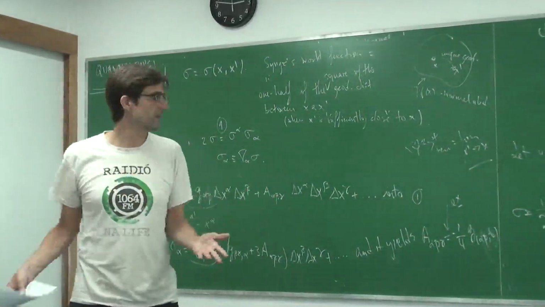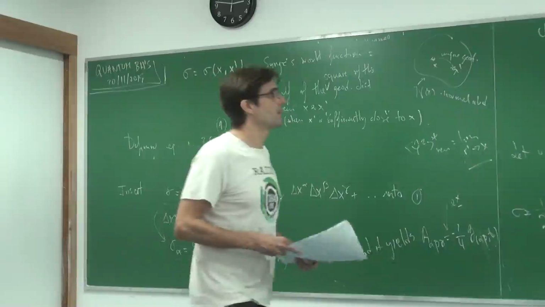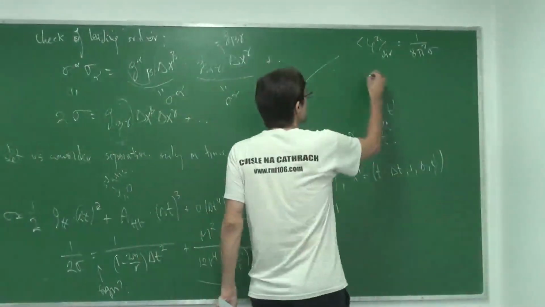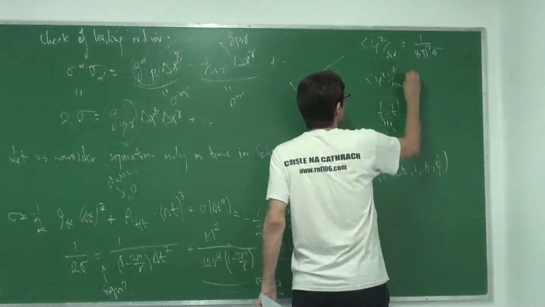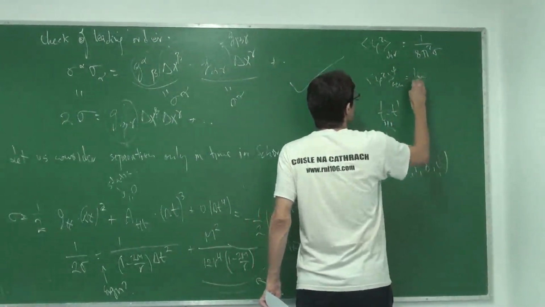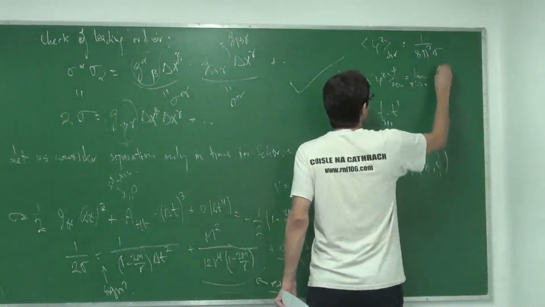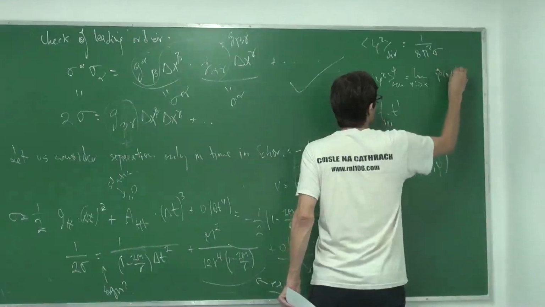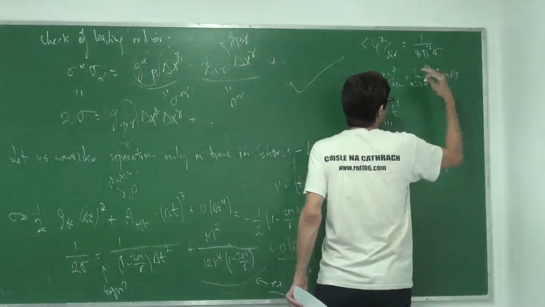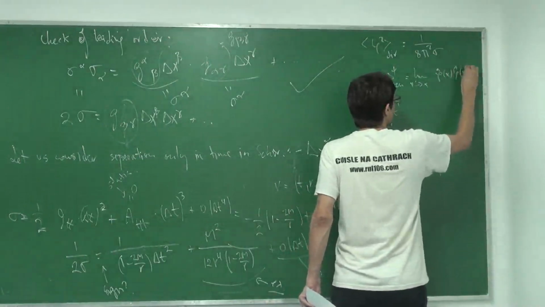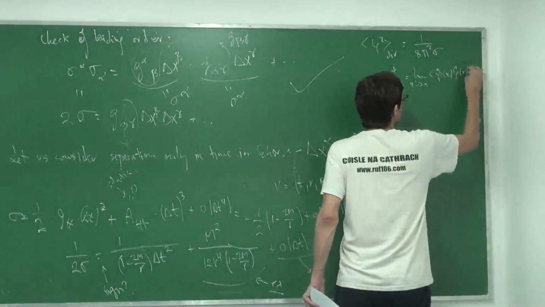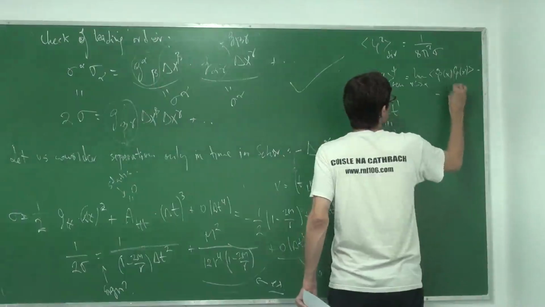Remember, we are renormalizing, so phi squared renormalized in some quantum state is the limit as x prime goes to x of phi squared not renormalized, well, phi regularized, minus the divergence.